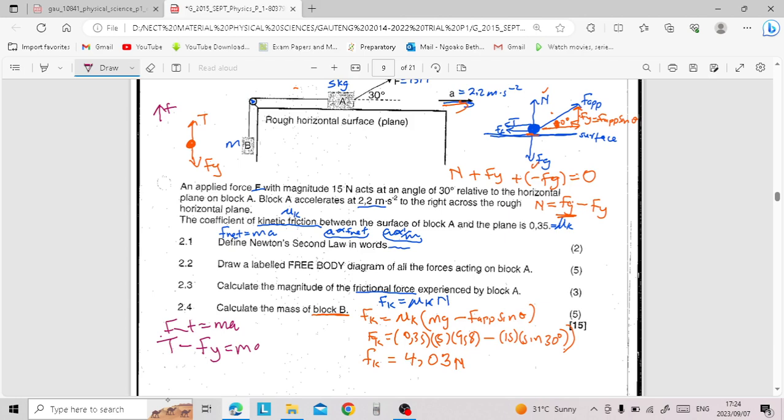Now we introduce another block B, or create the tension in block B. In block A, the force applied is going to be F applied cos of theta. It is travelling at an angle like this, which doesn't help in the calculations, because we need either horizontal or vertical. So we take this force applied and convert it to its x component.